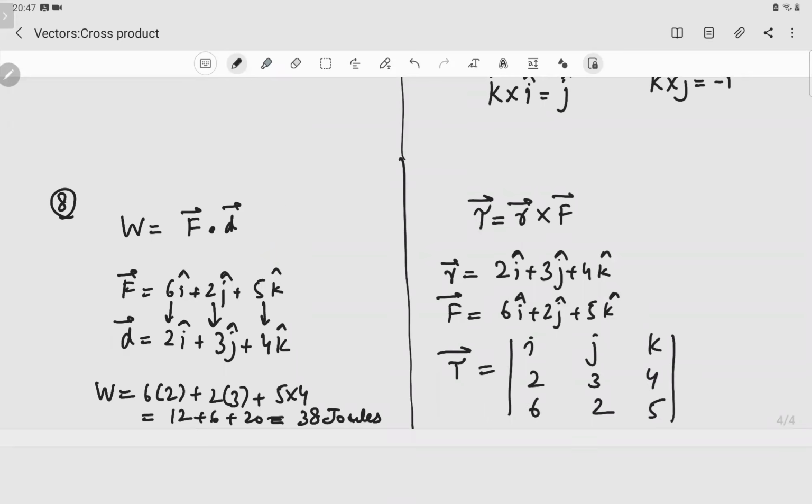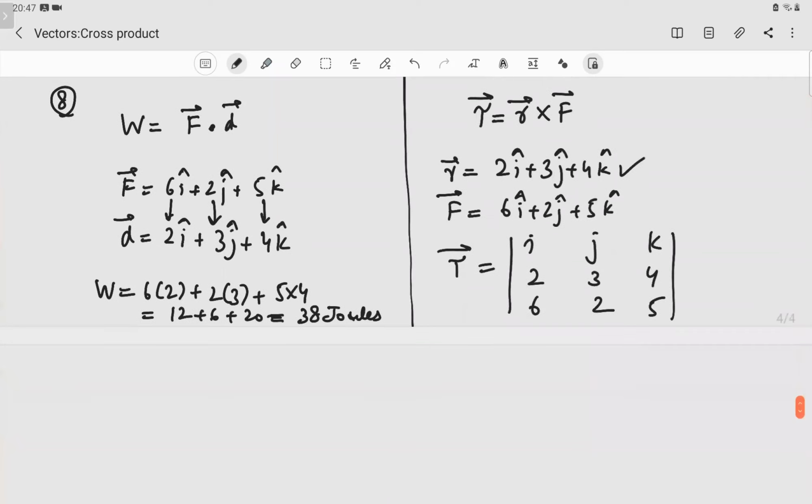It will give you the moment of this force, where the moment arm from the pivot is equal to this. So the moment is a cross product.